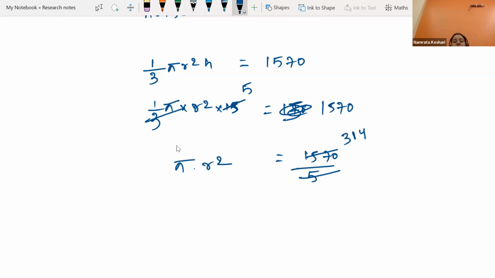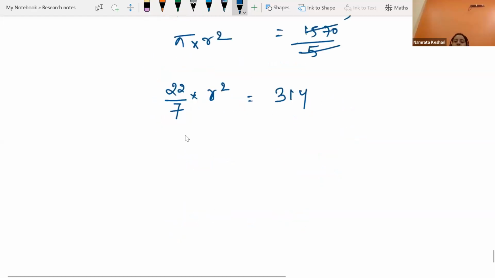Yes, Rayan, it is not r square. See, pi r square is 314. I have not taken pi yet. Okay, if we take 22 by 7, then let's check, because our friend has already done it by taking 3.14, because the other side 314 is there. Even if you are taking 22 by 7, let me check what we are going to get. This 314 into 7.